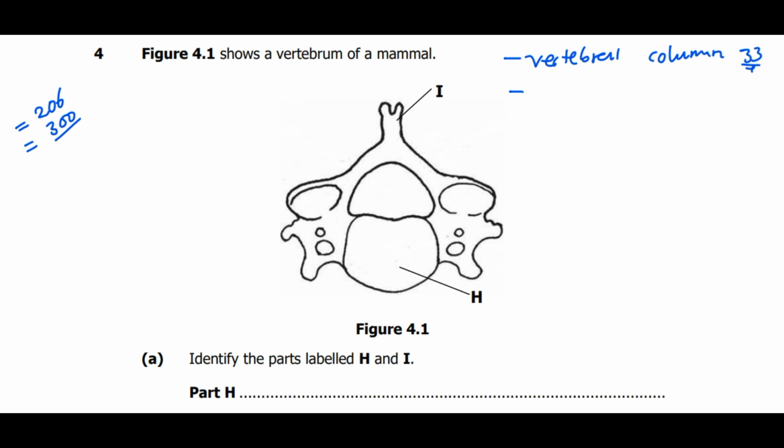The first ones that form the neck are known as the cervical vertebrae. In number they are 7. Then which region? They are found in the neck region.